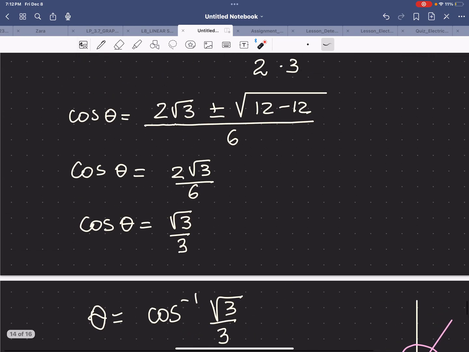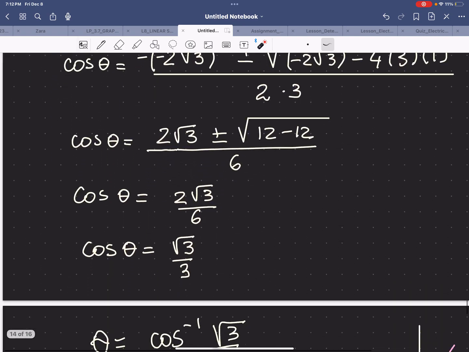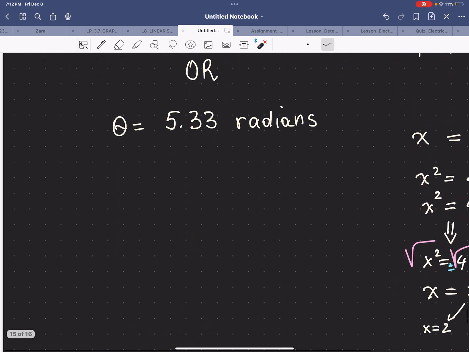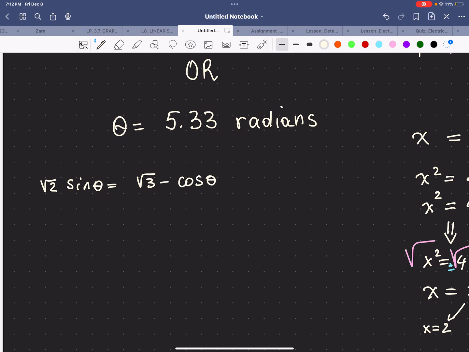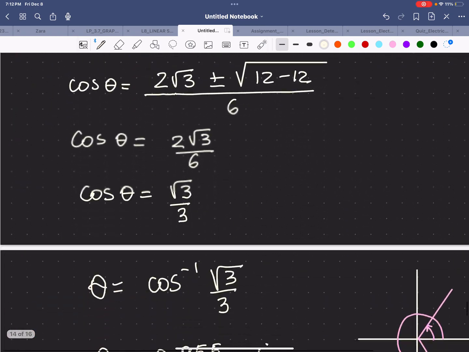So our equation was, the original equation, root 2 sine theta equals root 3 minus cos theta. So I'll write this down here. Root 2 sine theta equals root 3 minus cos theta, right? It was minus, not plus. Yeah, it was minus. Cool.